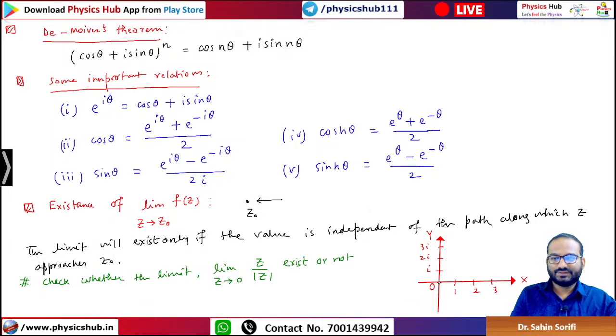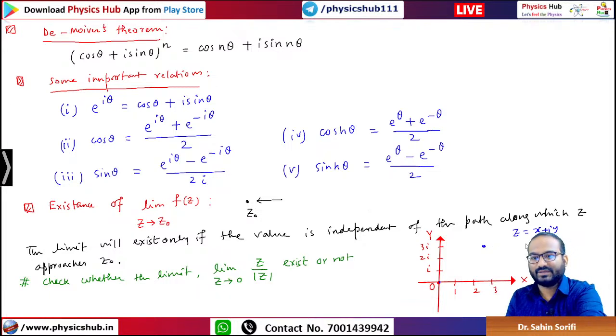So z equals z0 means you are approaching towards this origin point. Any number, let's say z equals x plus iy, is the general complex number. Let's say it is lying here. You go x along the x axis and y along the y axis. So this point represents z equals x plus iy.